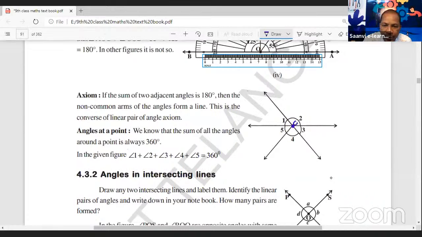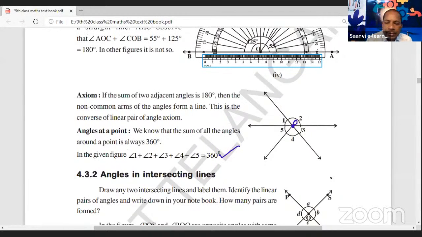Suppose this point name is O. Angle 1, angle 2, angle 3, angle 4, and angle 5. All angles are formed around the point. So like this, if all angles are formed around the point, their sum is equal to 360 degrees.